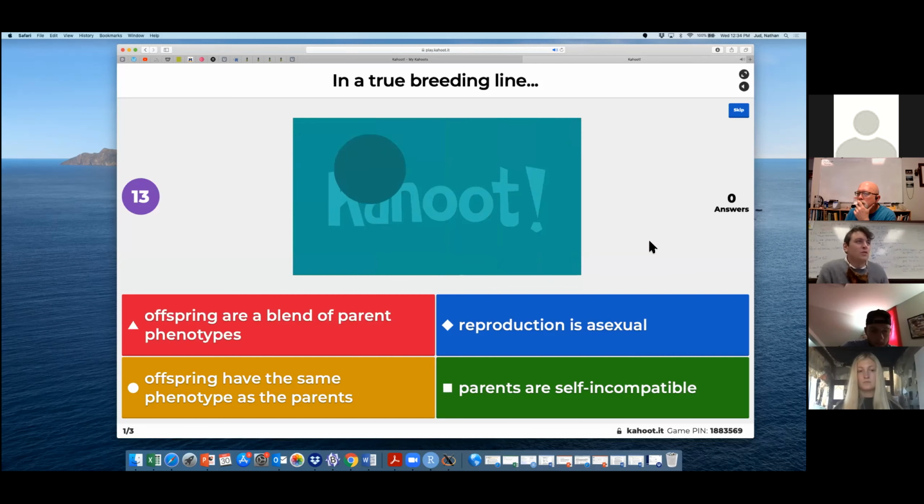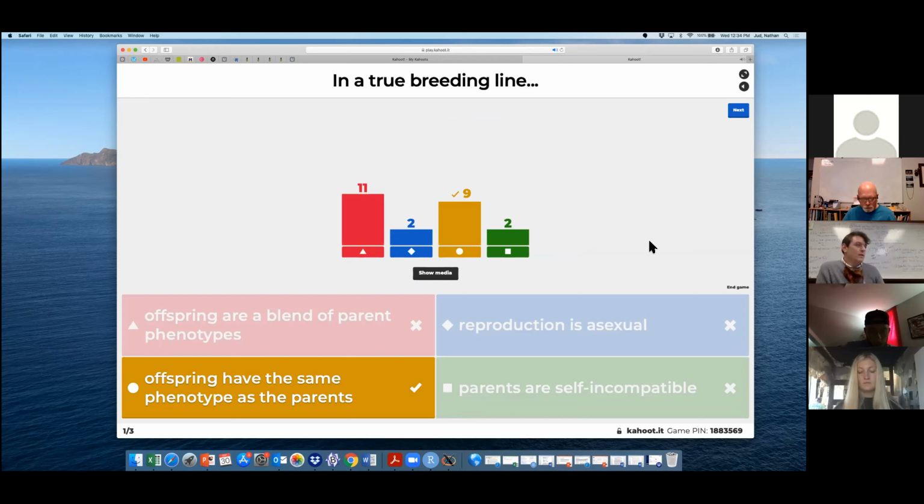True breeding line or lineage works as well. Okay, good. So the yellow one is the correct one. The first one, the red one, I put in there because that was the prevailing idea before Mendel came along, that you just get a blend of the parents.